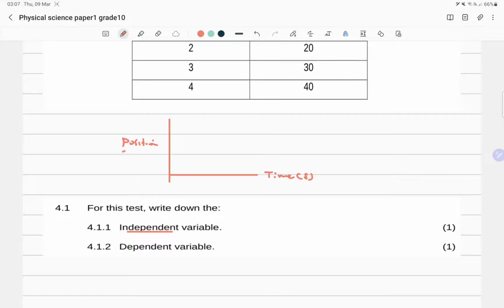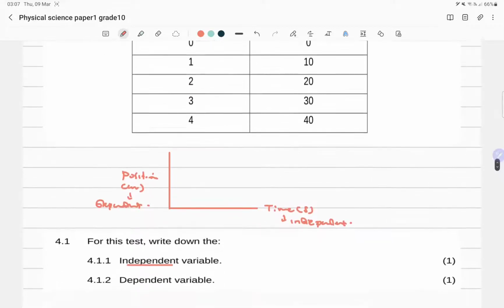So we can say position in meters. So usually what is on the x-axis is the independent variable, and then usually on the y-axis it's the dependent. Okay, so the independent variable there is going to be time.